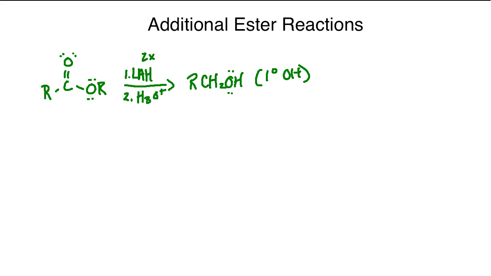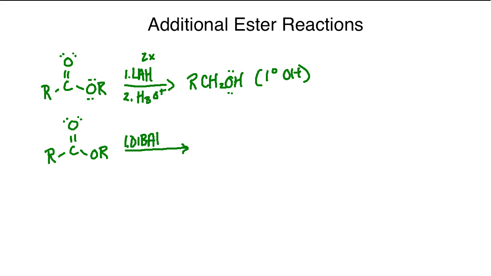Now, there's an interesting reagent, one that we haven't come across yet, and it is typically utilized with esters, and it will selectively reduce the ester down to an aldehyde instead of all the way down to an alcohol. When you use this, the reagent that's required is DIBAL, all right?